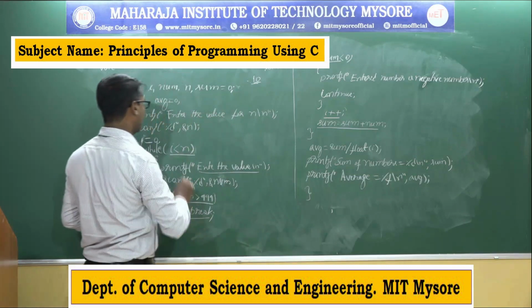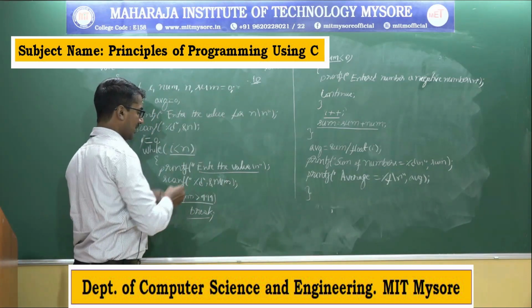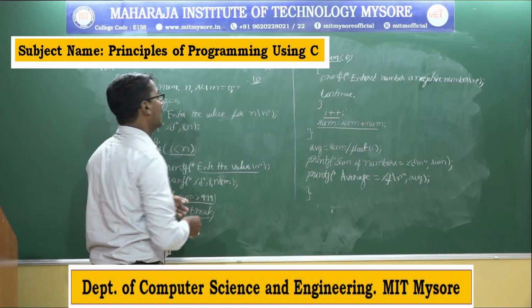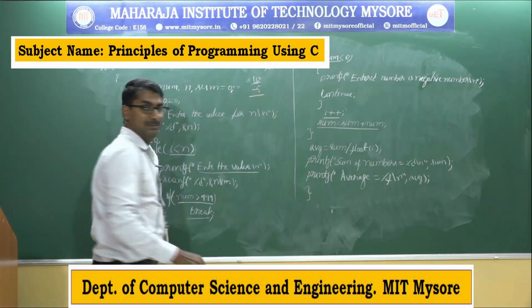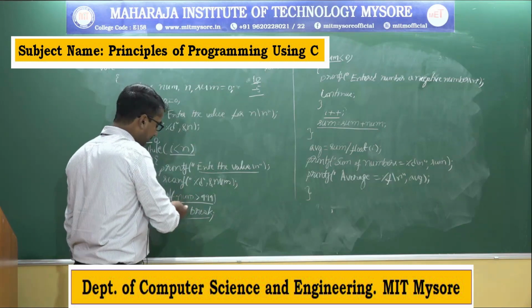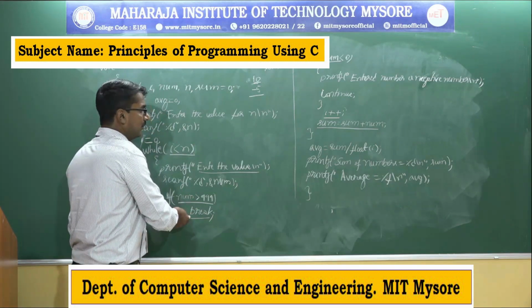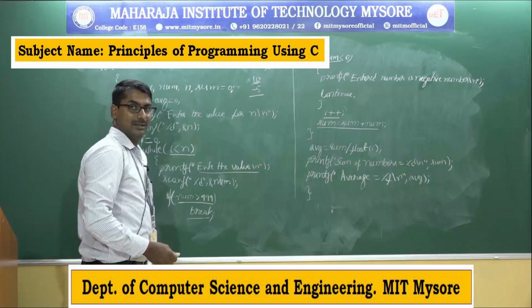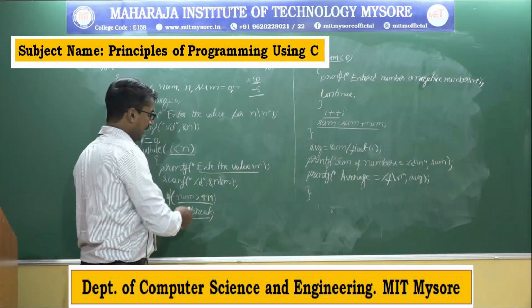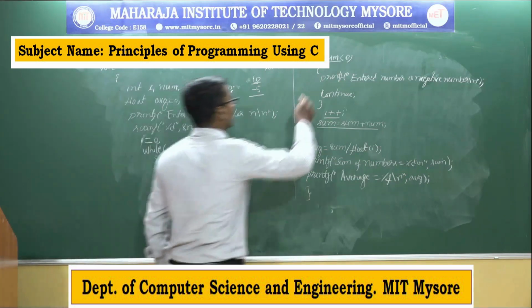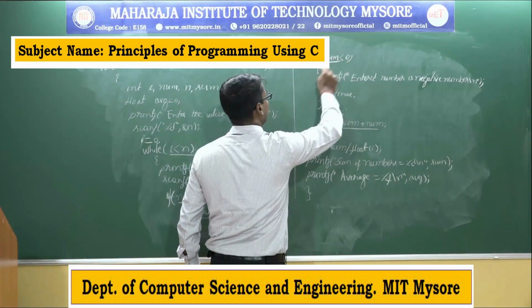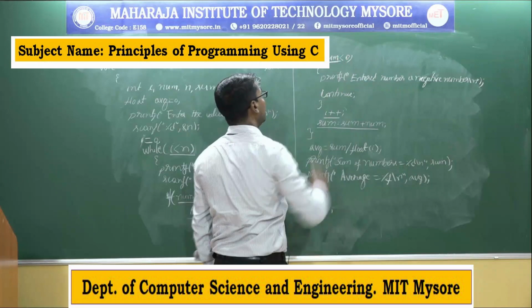Now I value is 1. 1 less than 5, condition true. Now it will enter one more number. Now my number is minus 5. It checks the condition num greater than 999. Here the condition is false, then it goes to the next statement, num less than 0.